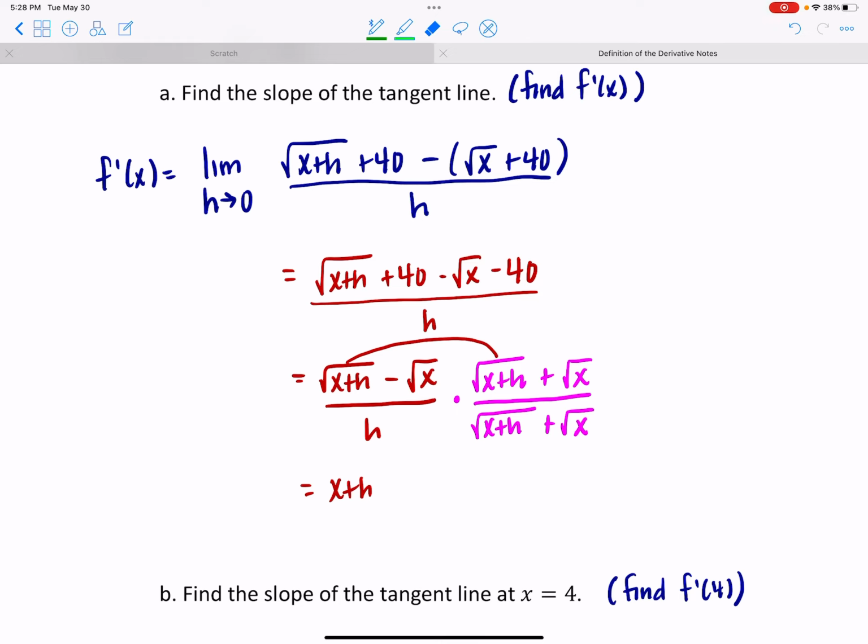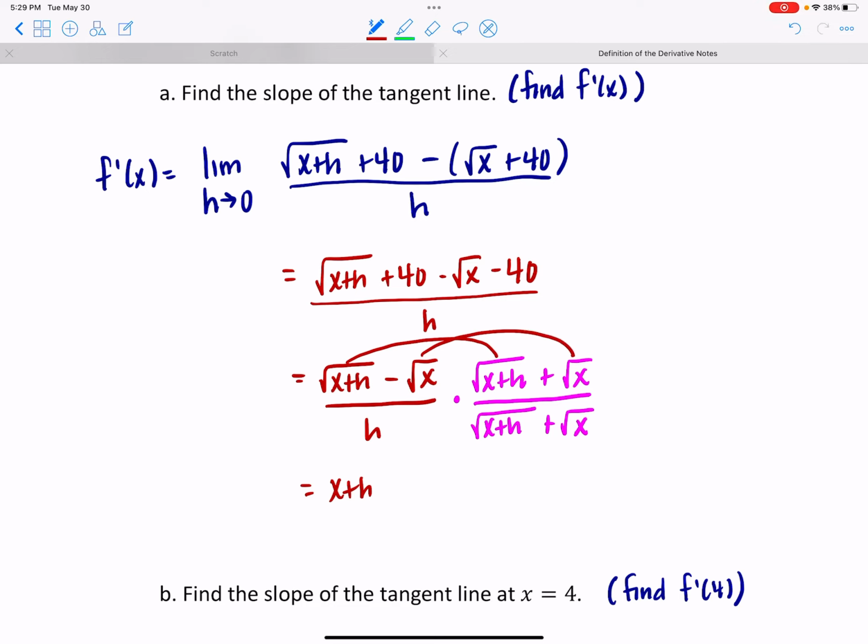So even though it's a binomial times a binomial that contains 4 products, I know the middle 2 are going to cancel. So I want to, again, concern myself with the first product, so the square root of x plus h squared, which is going to give me that x plus h, and then the last product, which will be a negative square root of x times a positive square root of x.